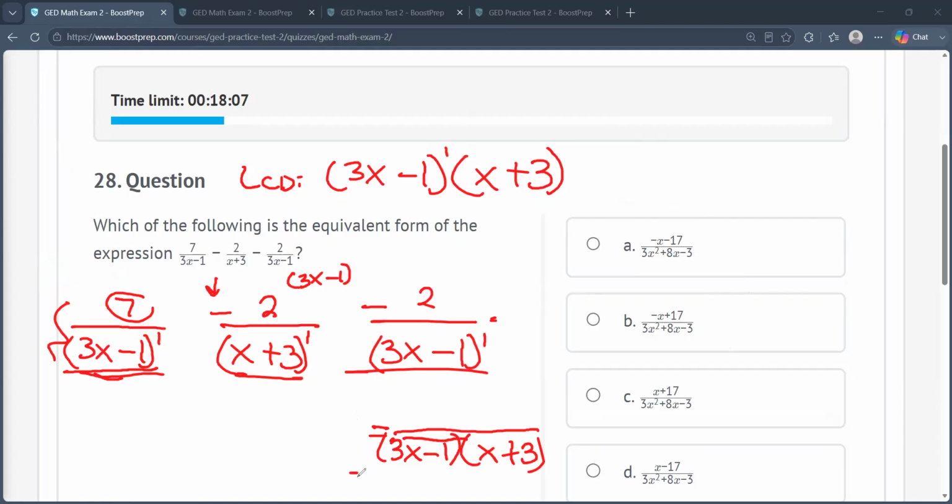What's 3x times x? 3x squared. What's 3x times 3? That is 9x. What's negative 1 times x? Negative x. What's negative 1 times 3? Negative 3. So on the bottom, it's going to be 3x squared, 9x minus 1x is 8x, and then you have a minus 3.